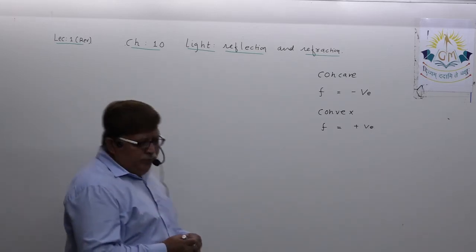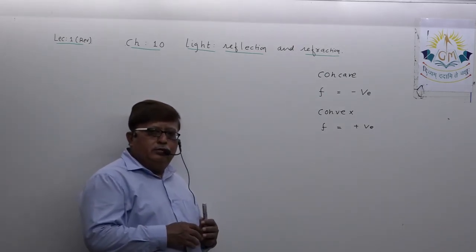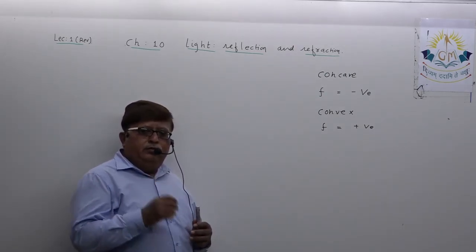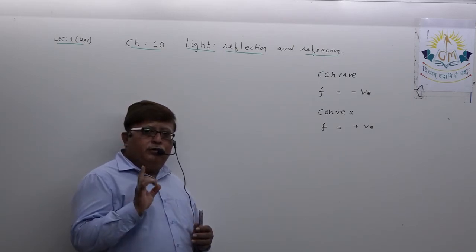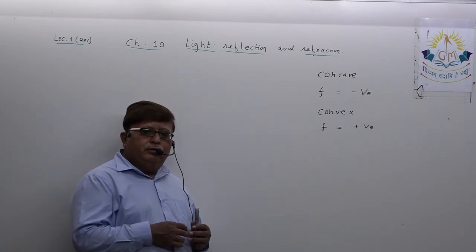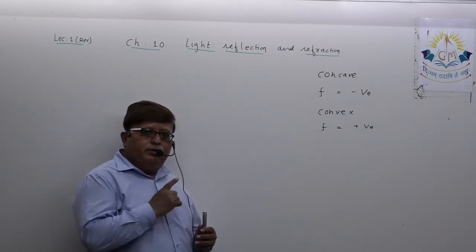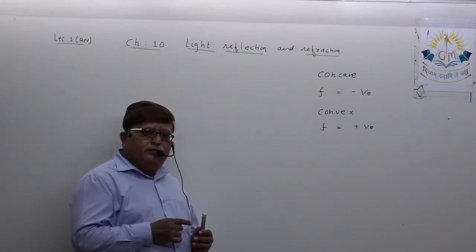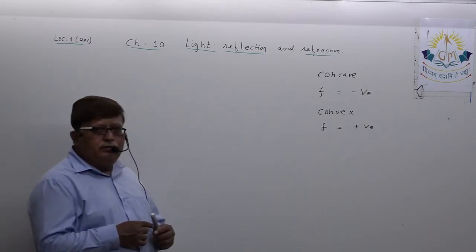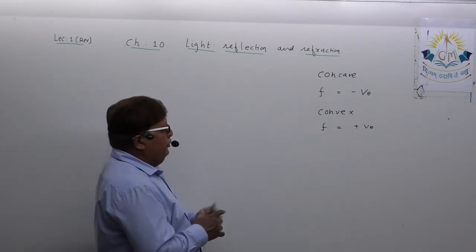Some of the basic points you need to remember when you solve any numerical regarding spherical mirror, curved mirror: for concave mirror, focal length is always negative; for convex mirror, focal length is always positive.